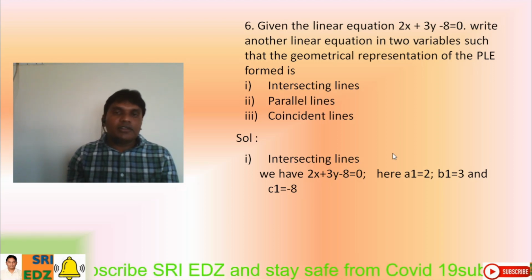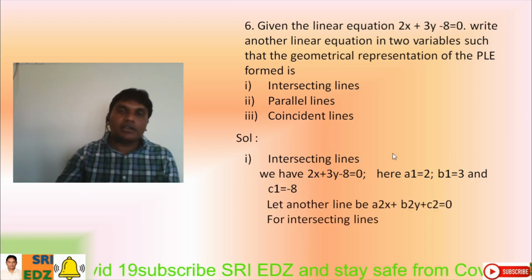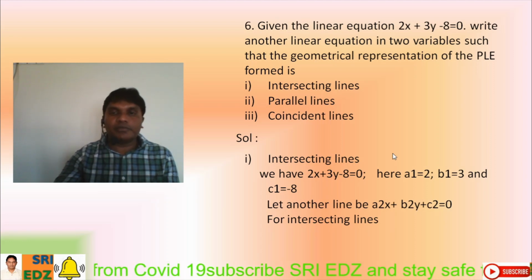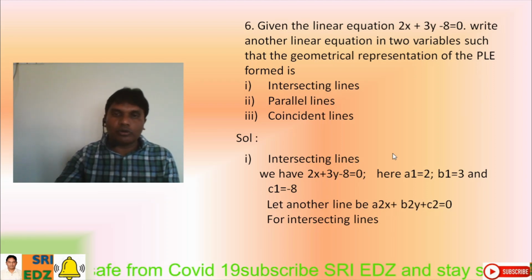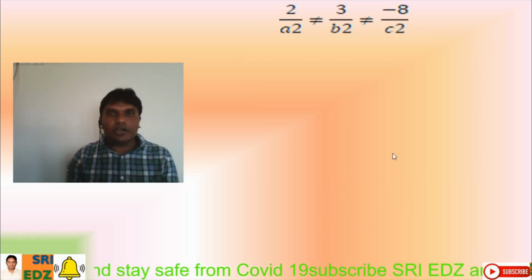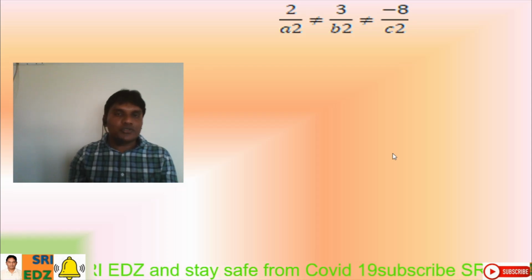So it must satisfy this condition. We can take another equation as a2x plus b2y plus c2 equal to 0. For intersecting lines, 2 by a2 is not equal to 3 by b2, and we can assume the values first.